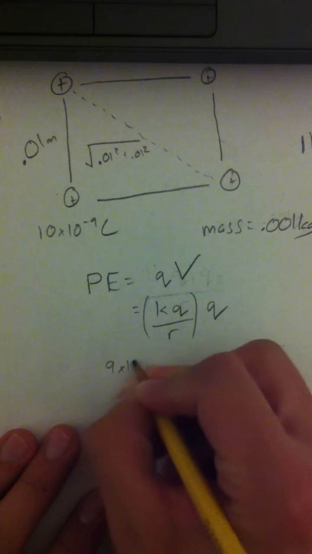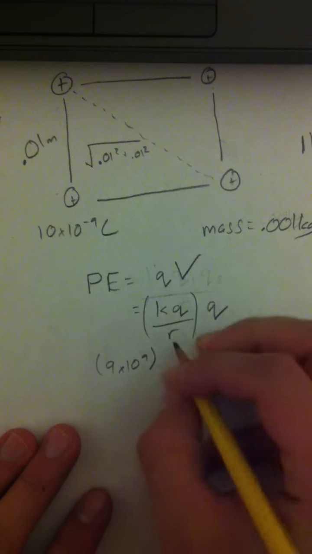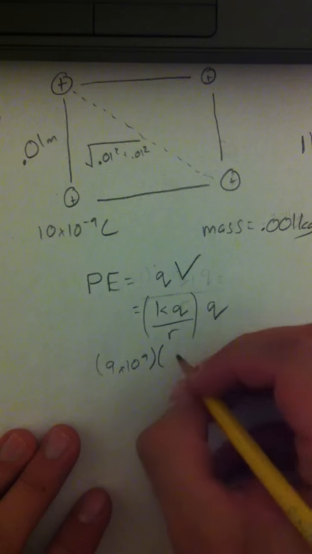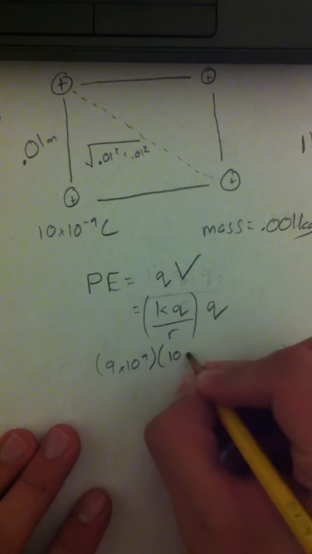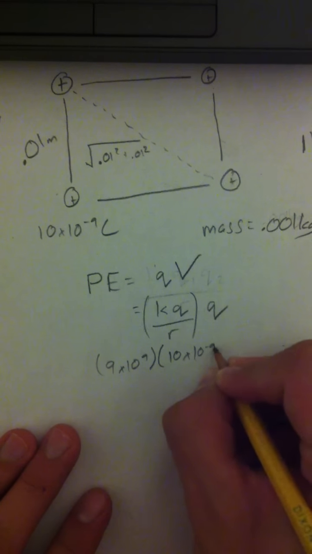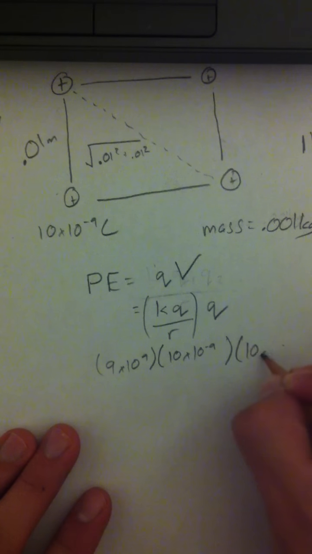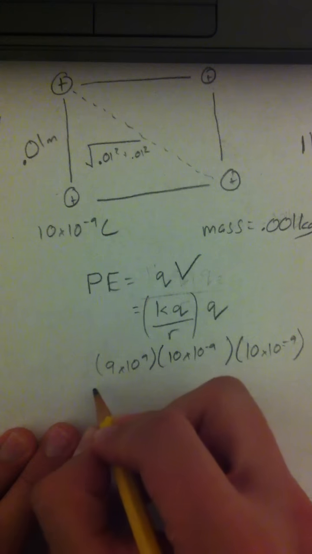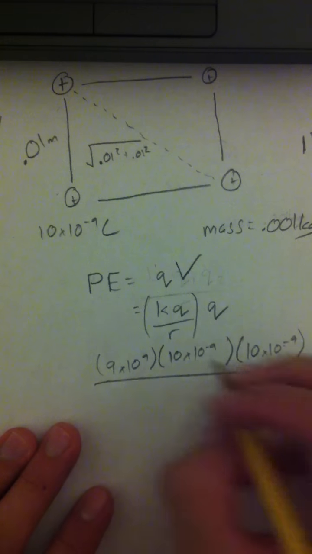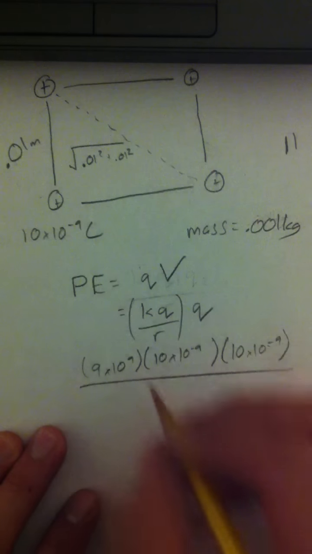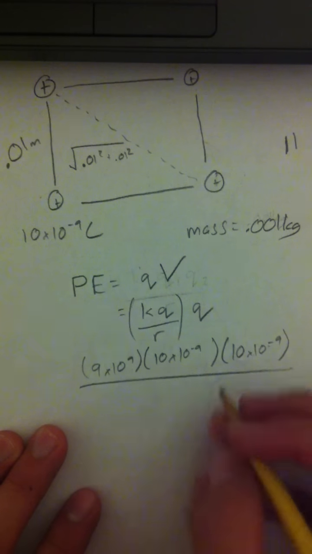So if we want to start plugging stuff in, K is going to be 9 times 10 to the 9th. All the Q's are the same, they're 10 nanocoulombs, and the radius is going to be 1 centimeter here.